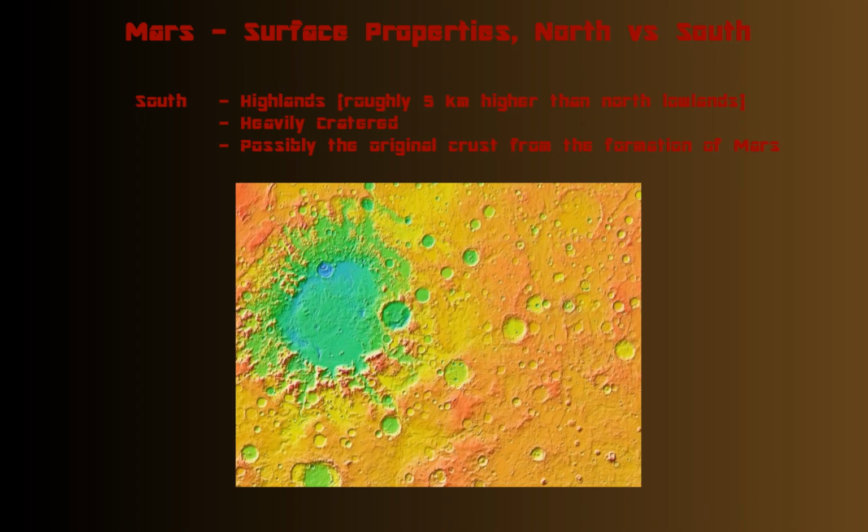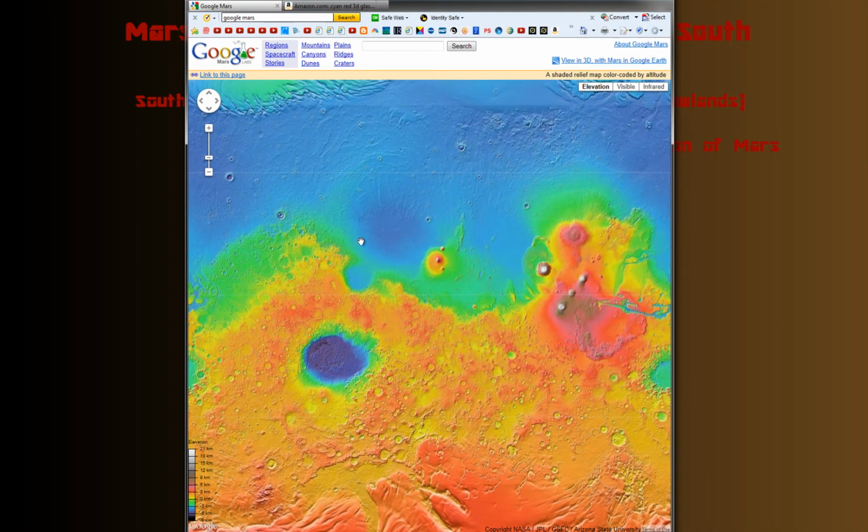And then we got the southern highlands. These are actually on average roughly 5 kilometers higher than the north lowlands, and you can see that on the Google Mars page.